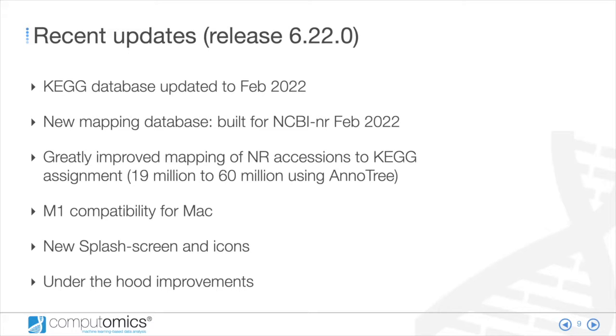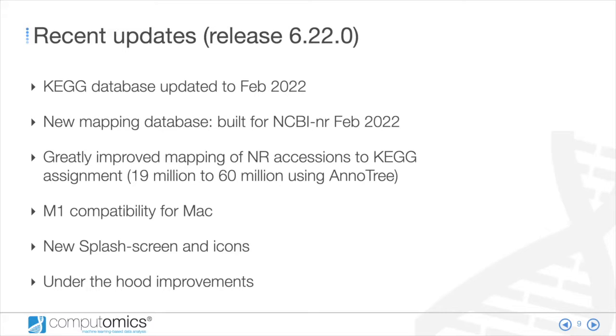And basically this comes with every new MEGAN release, but what's really new this time is that we've greatly improved the mapping of those NCBI and R accessions to KEGG. So in this example here, going from 90 million to 19 million to 60 million. And the way this was achieved was using NO3 instead of a direct mapping.